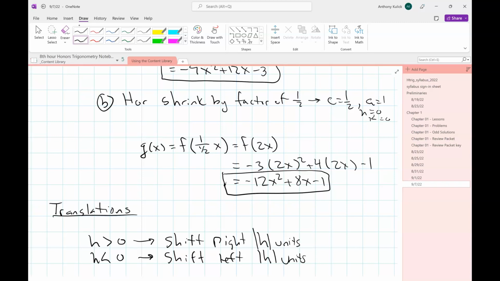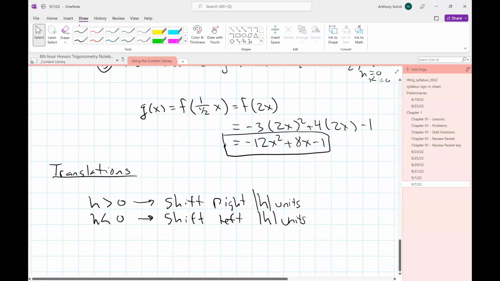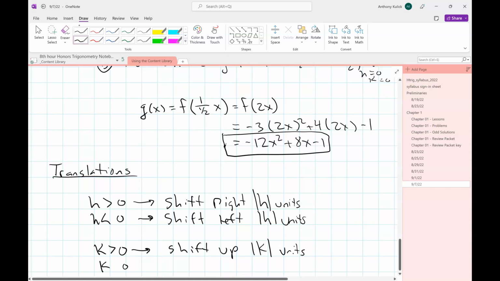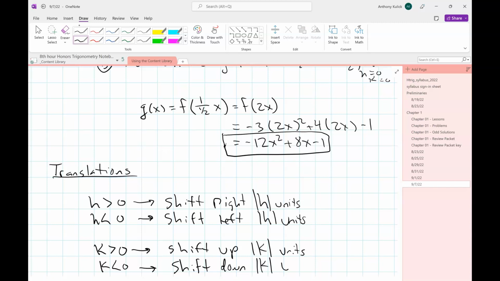I guess we put absolute values around both of them. It doesn't really matter. And then the K's are going to shift up and down. So positive K's go up, negative K's go down.